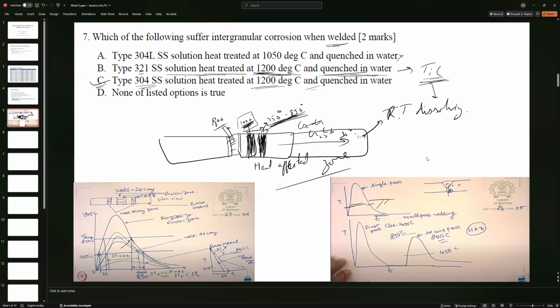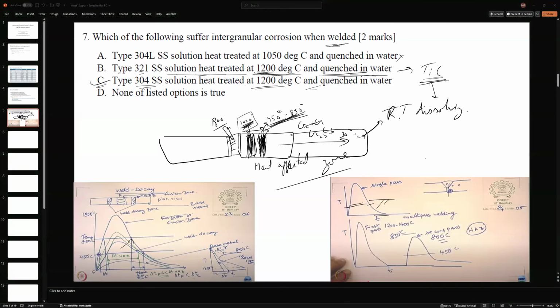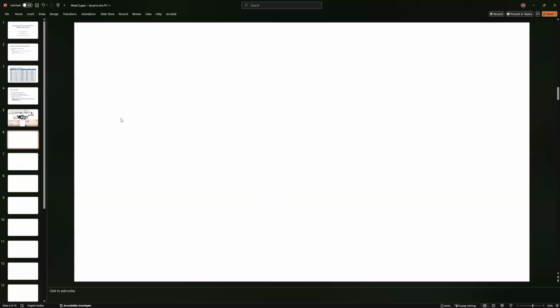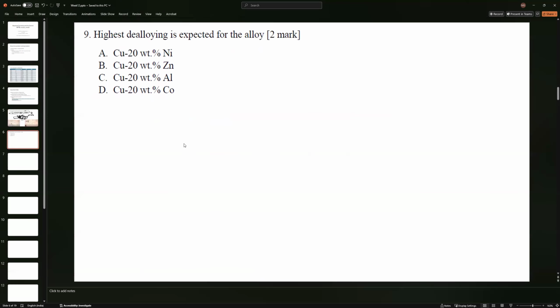My request is that we discuss the assignment which is due for submission today, so that these sort of doubts can be addressed. And you also had a doubt in the second question. I tried to look for an answer, whether there is any data which compares maybe zinc and aluminum, or others, on which is more susceptible to de-alloying.